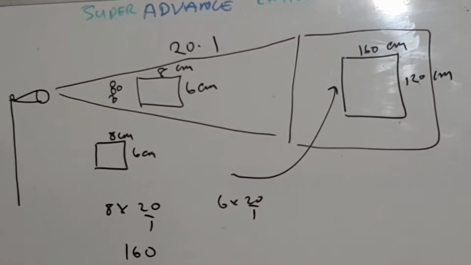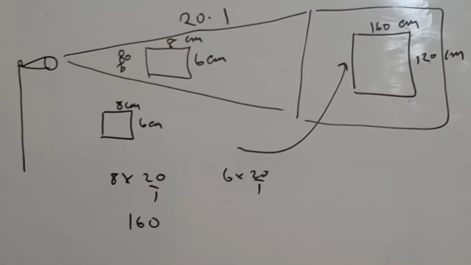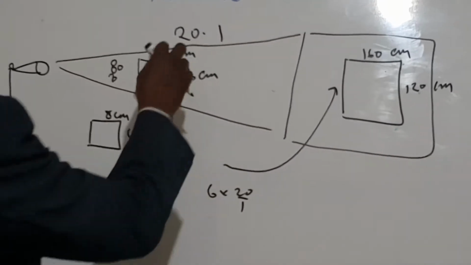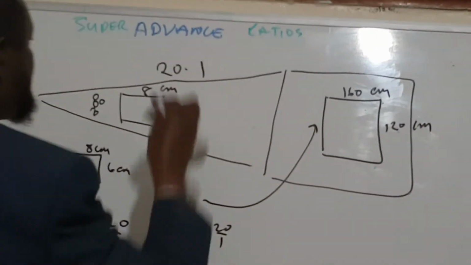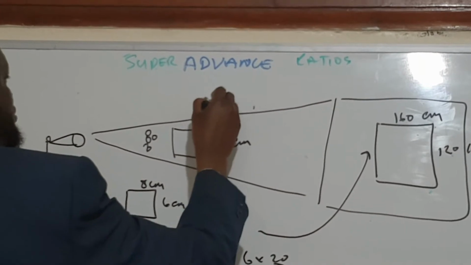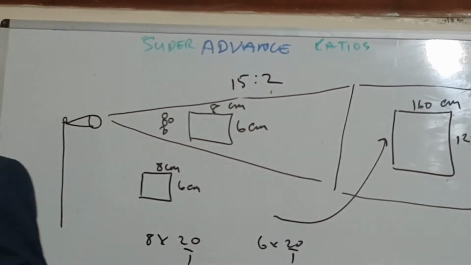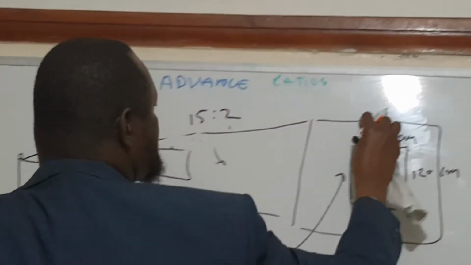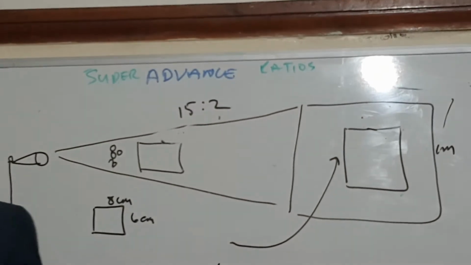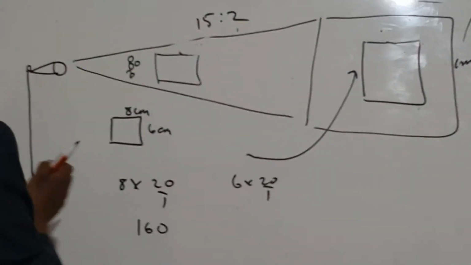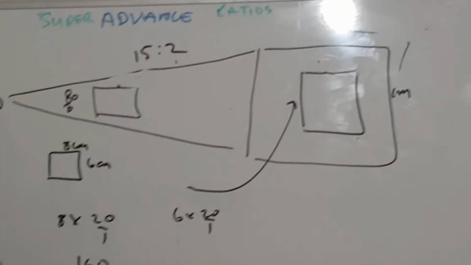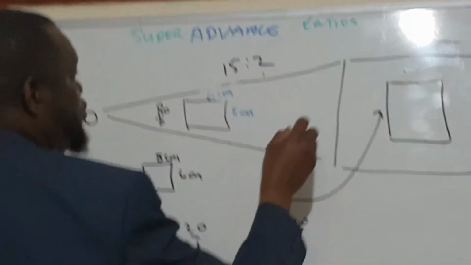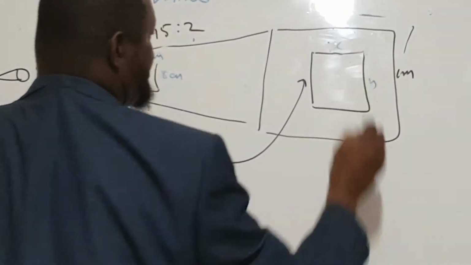You get it? Now, the second question is, what will be the size of the image if the ratio is changed to 15:2? If this ratio is now changed to 15:2, and this is 6 centimeter by 8 centimeter, what should be these dimensions, x and y?